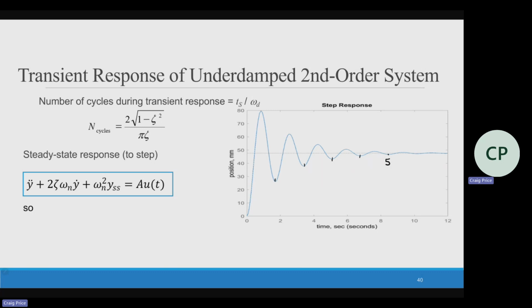And then the other thing that's really important is, we need to figure out where our steady state value is. If I don't have the graph in front of me, but I have the equation, how can we solve for the steady state? How can I find y steady state?